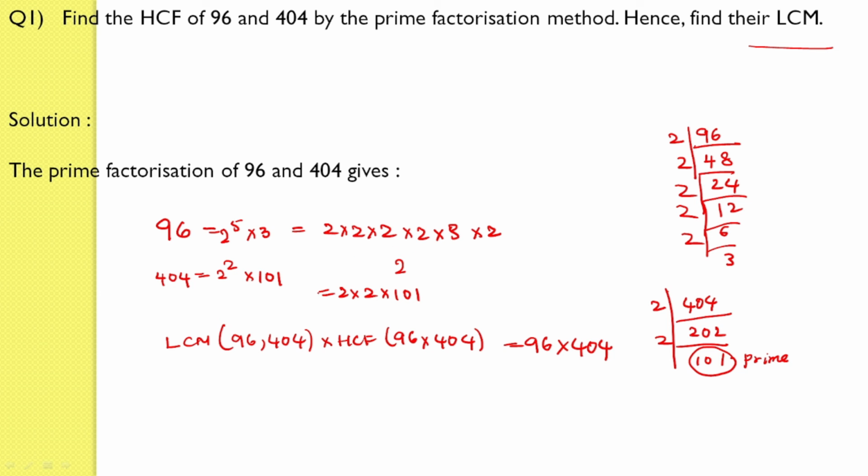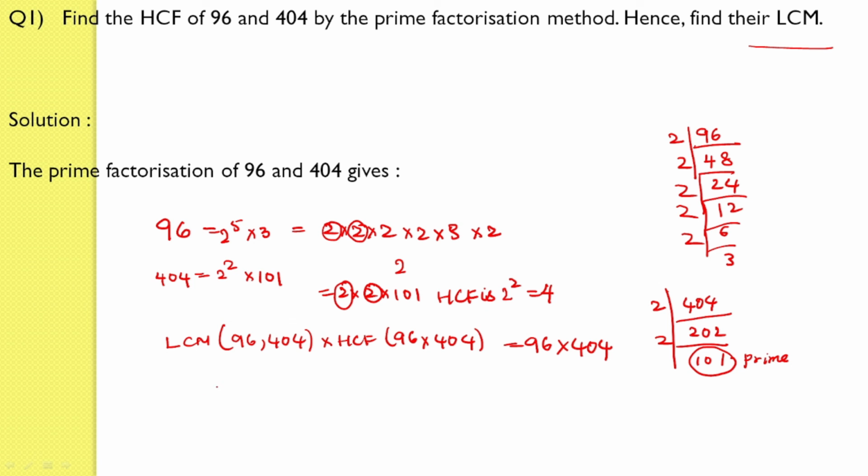Now that you have expressed them in terms of prime factors, only this 2 and this 2 are common. So the highest common factor is 2 square, that is 4. So HCF of 96 and 404 is 4.